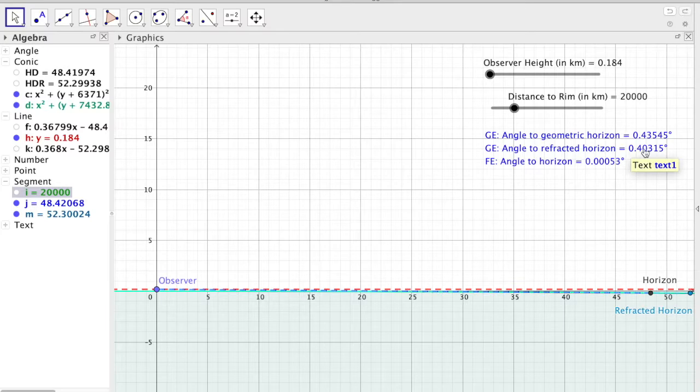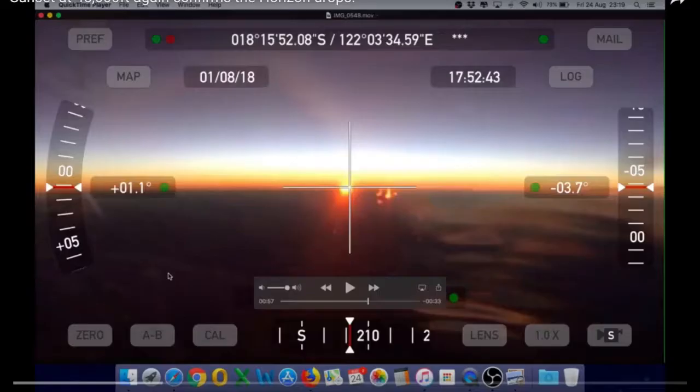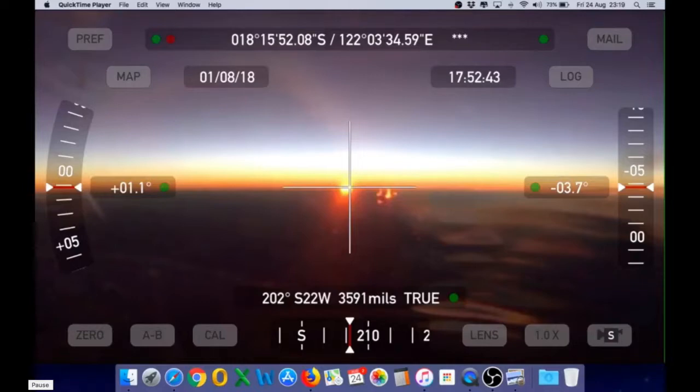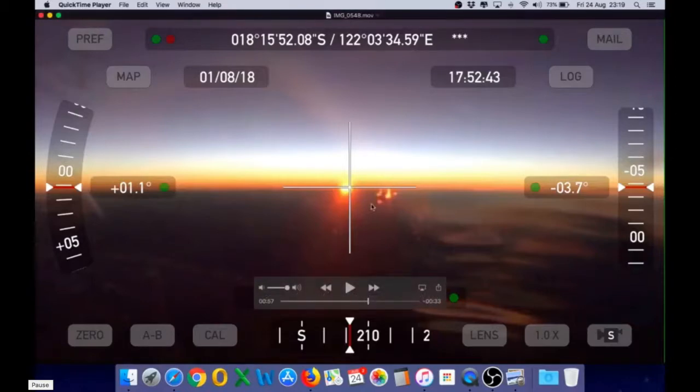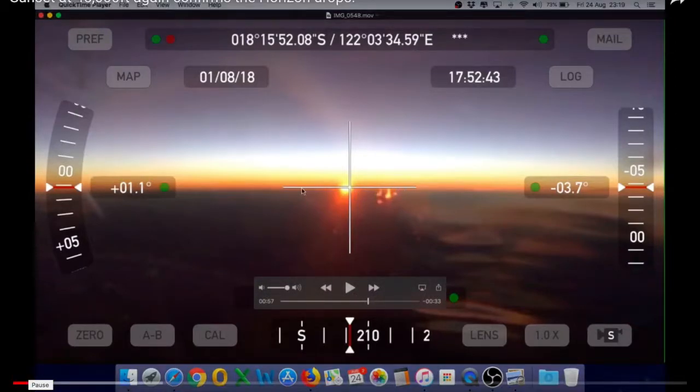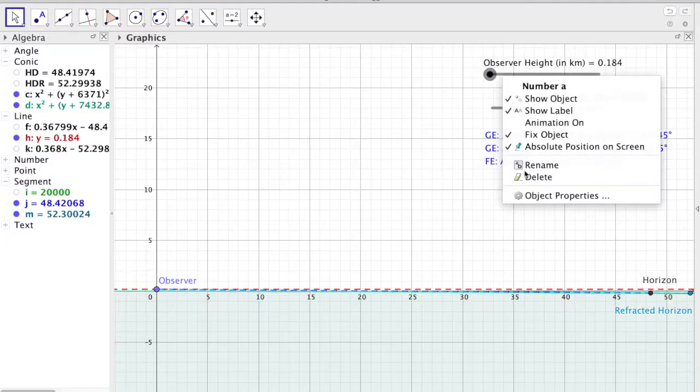Okay, so let's look at an observation made by Wolfie. "In this video I'm going to show you footage of a sunset taken from 45,000 feet in an aircraft with the theodolite app on my iPhone. As you can see, I have the crosshairs pointed at the sun, which is setting right on the horizon, and the app is indicating an angle down of 3.7 degrees."